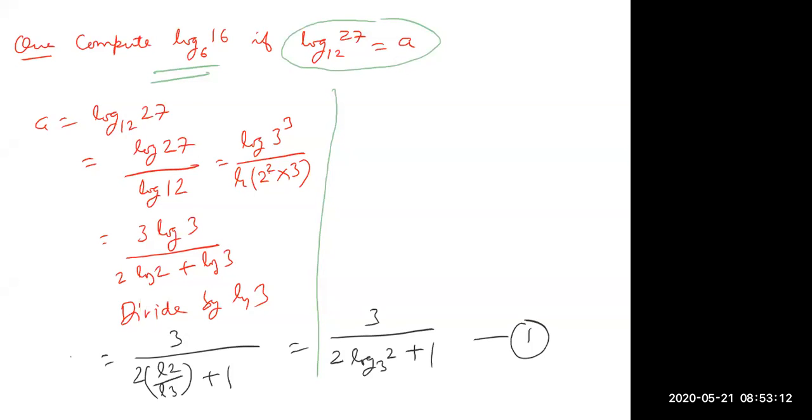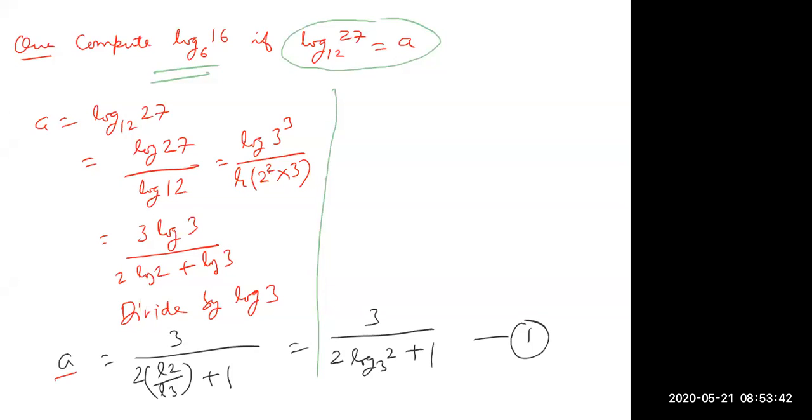This is a. No, I am dividing by log 3, both numerator and denominator. So log 3 upon log 3 will be 1.